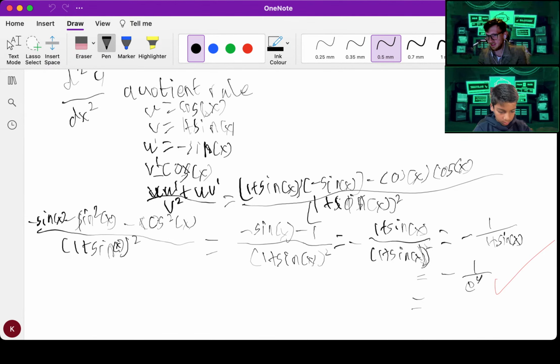And that's also the same as negative e to the power of negative y.